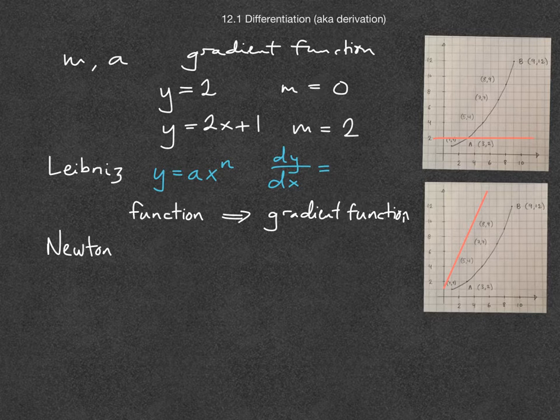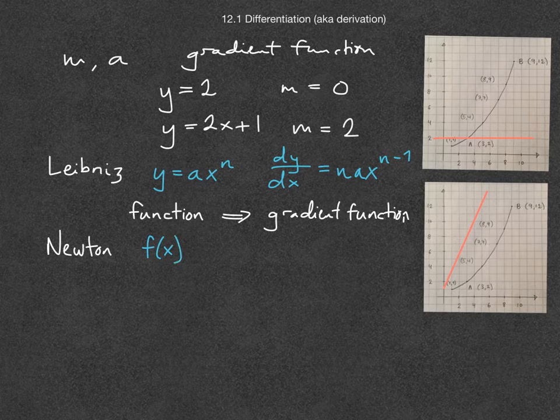It's not a division sign though, it's not a fraction per se. And then n a x to the power of n minus 1. So this is the notation. I'll explain how it works afterwards.